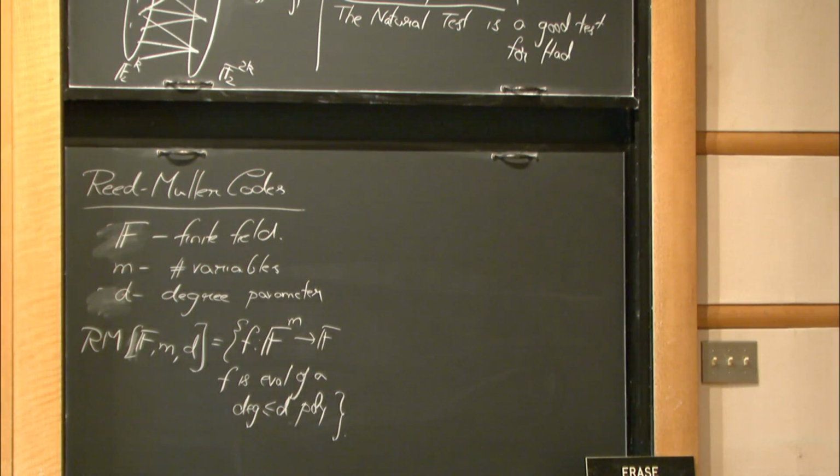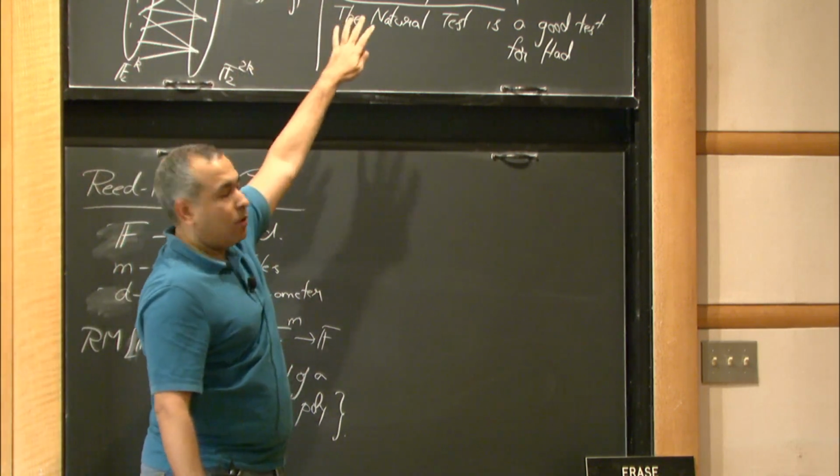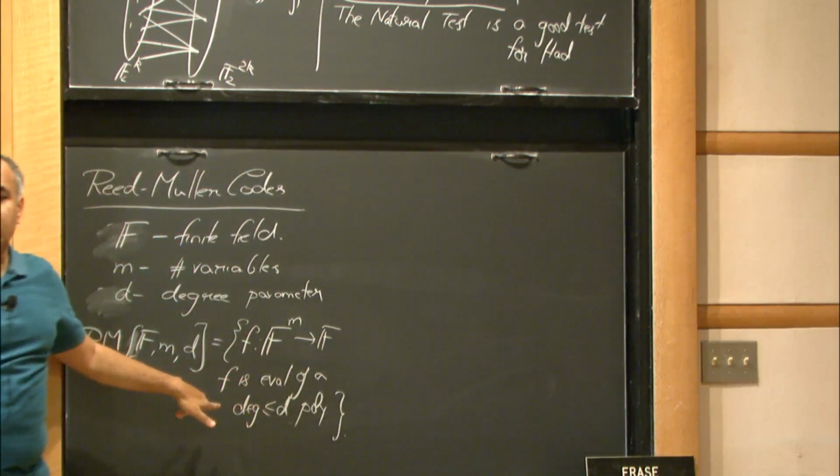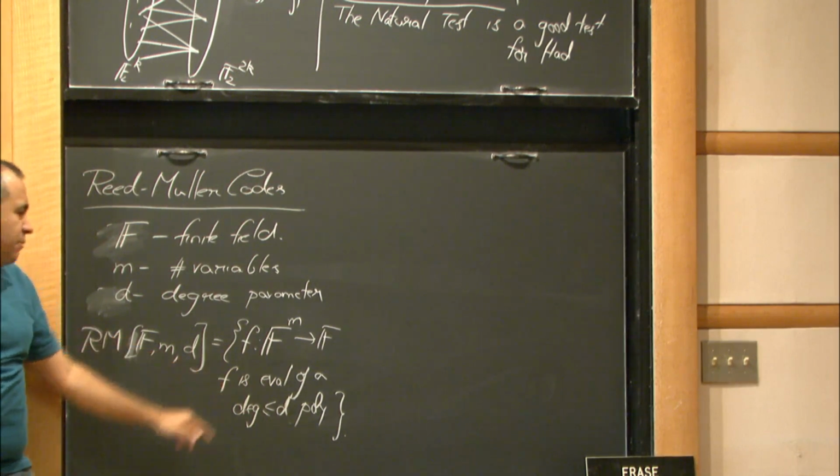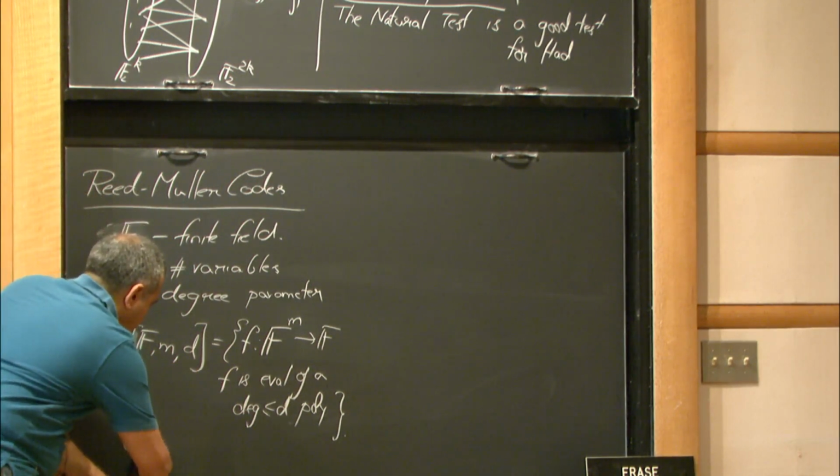So it's some polynomial. That was a special case in which f was a linear polynomial. Here I'm going to allow all the way up to degree d. And when I say degree, I always refer to total degree.